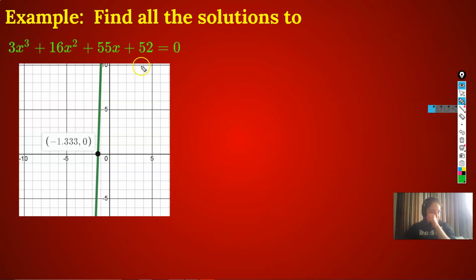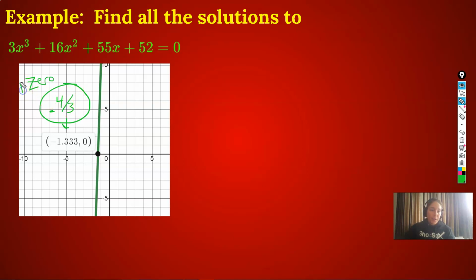So all the solutions to this, so the strategy that I use, which again is not the strategy you always have to use, I graphed it and I got an intercept at negative 1.33333 forever. I know as a fraction this is equivalent to negative 4/3. So I know my first zero, and actually my only real zero, occurs at negative 4/3.